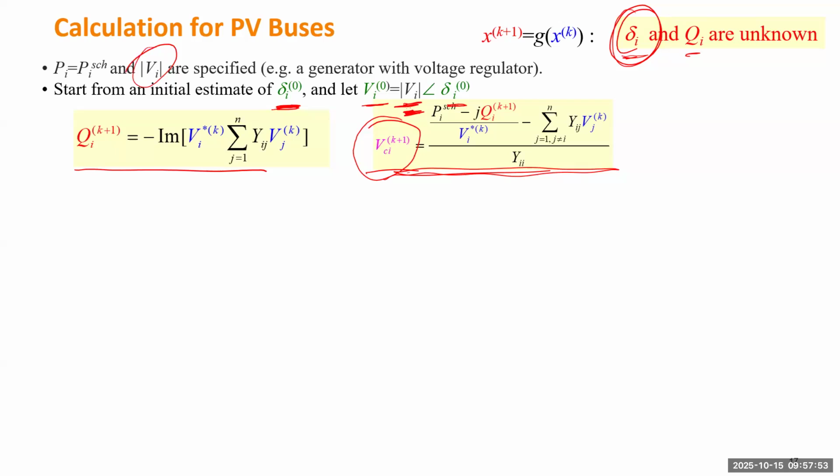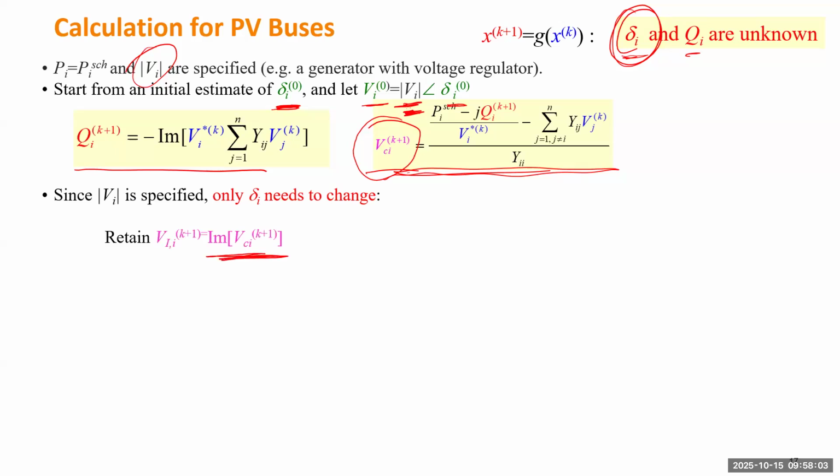So how do we update the angle based on this calculation? One thing we can do is only take the imaginary part. If we update both the real part and the imaginary part, you actually change the magnitude, so we only keep the imaginary part. Then from the imaginary part, using the given magnitude, we calculate the real part.